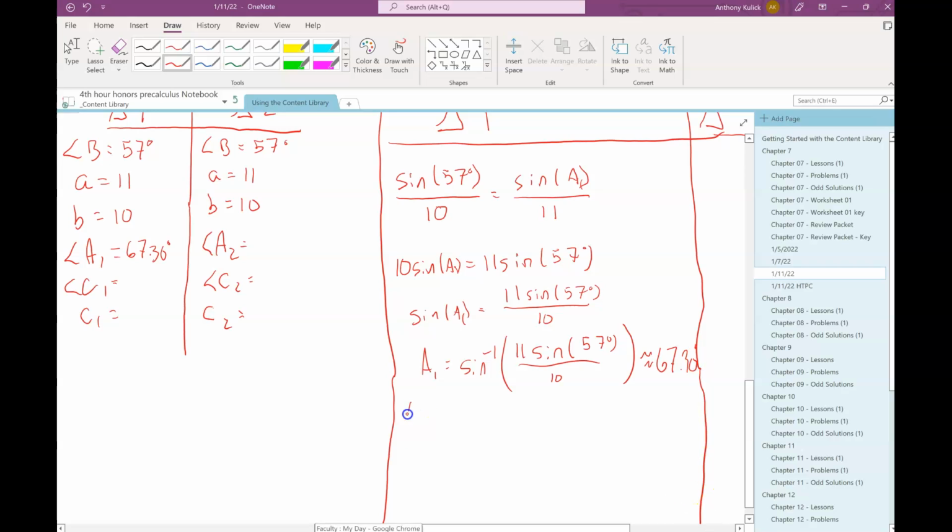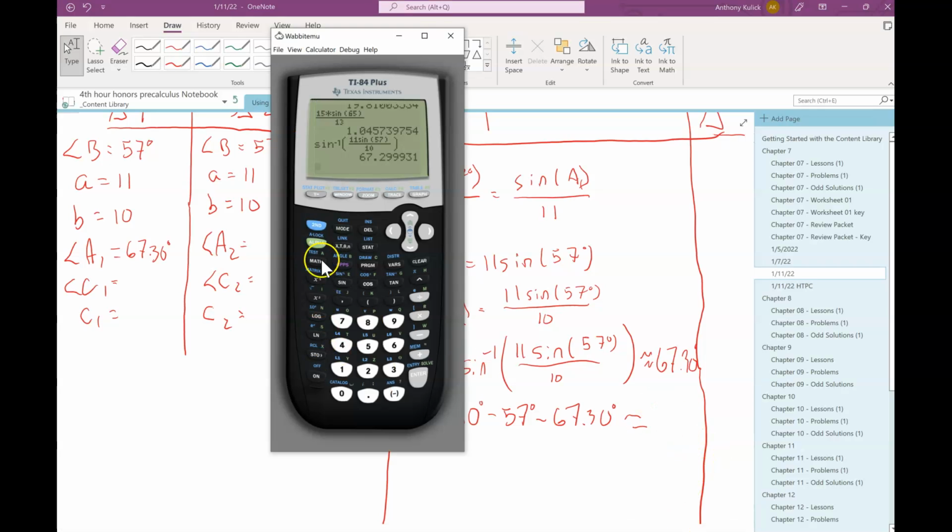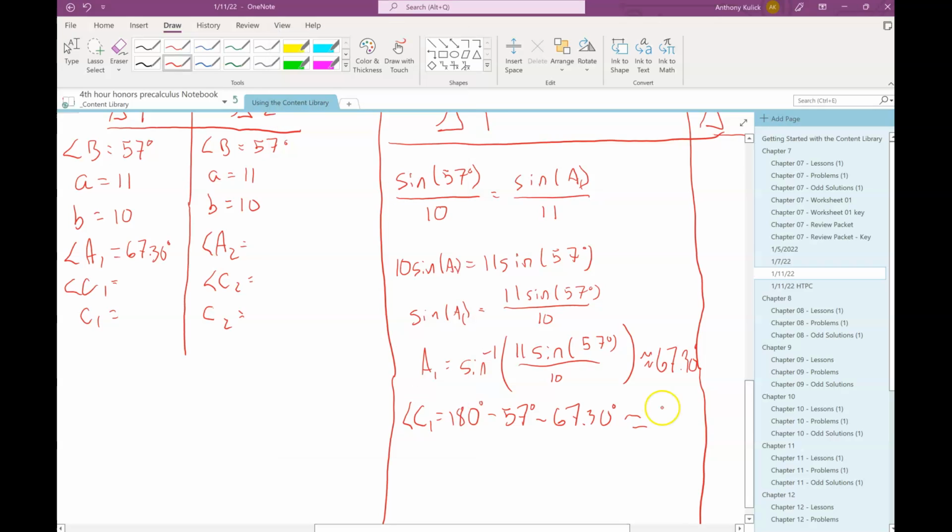Now that I have angle A1, getting angle C is easy because I know two of the three angles, so I can just add those two together and subtract from 180. So 55.70.